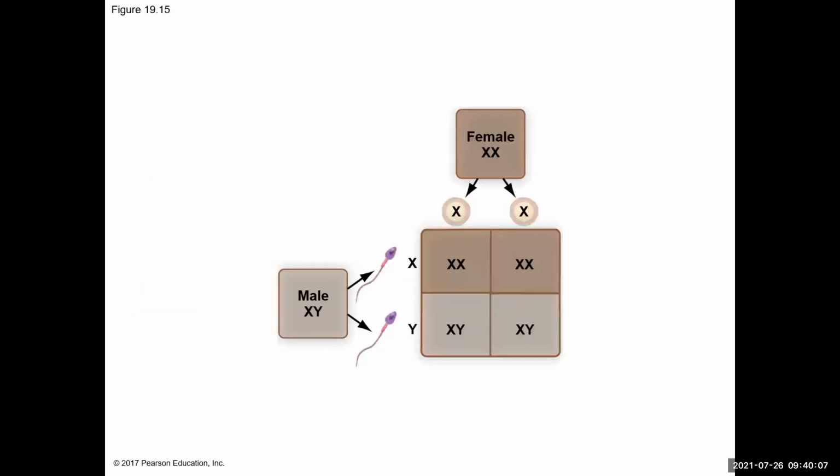It's not the female. So if a male gives a Y chromosome, then the offspring will be a boy or a male. If the male gives an X chromosome, sorry, then the offspring will be female, because the female is always giving an X because they only have X's to give.